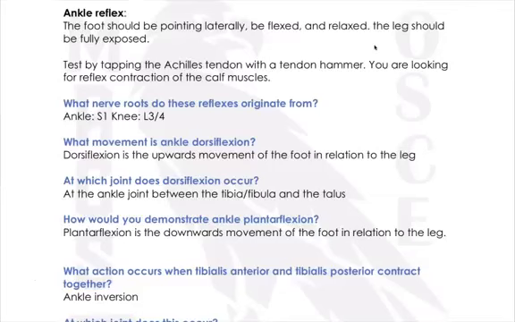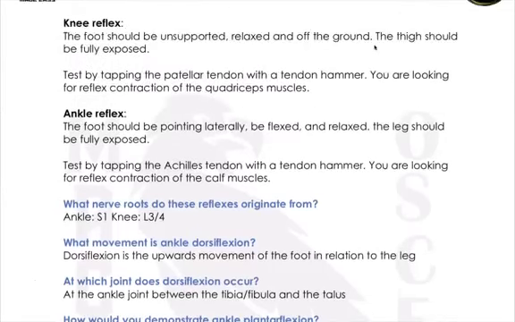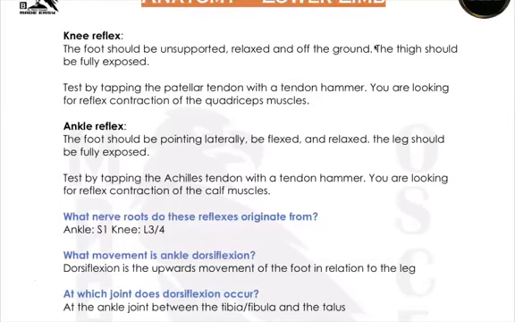So first thing, you need to expose the patient's thigh. Next, the patient's knee or foot should be unsupported and relaxed. Then you tap over the patellar tendon with a tendon hammer and see the contraction of the quadriceps muscles by looking over the thigh of the patient. Clear?